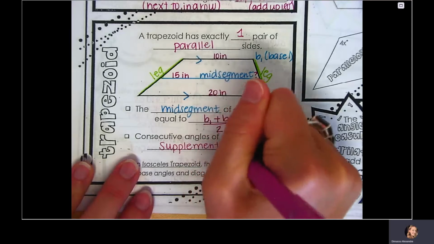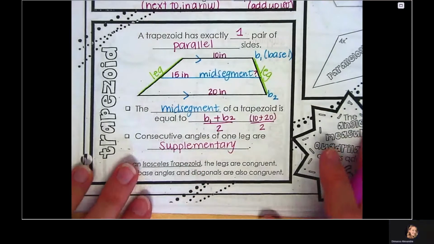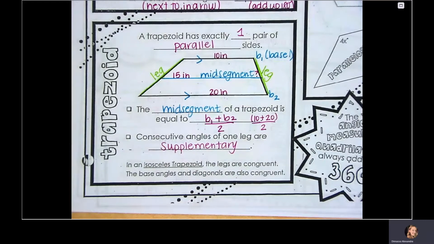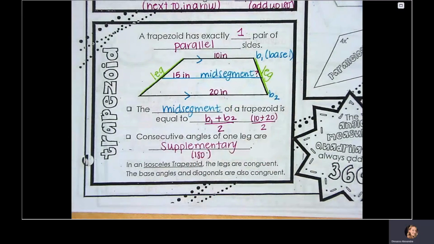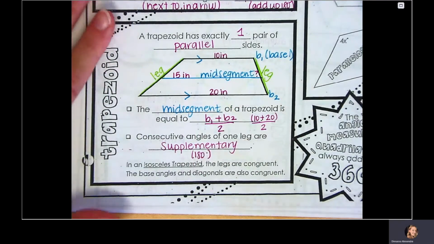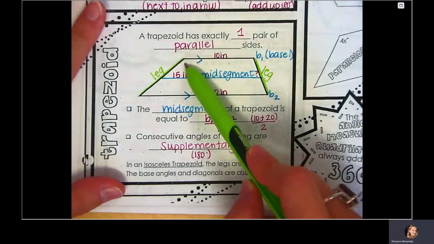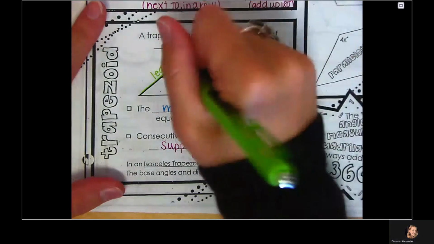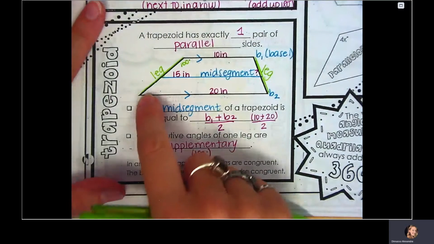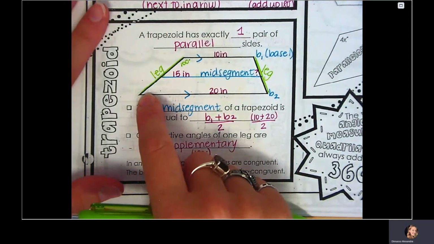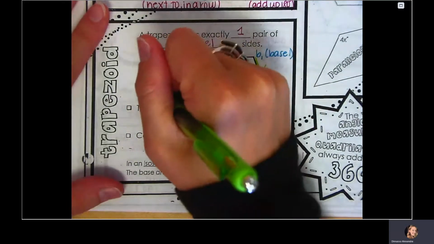And supplementary means what? Adds up to 180 degrees. So what I mean is this. If I were to tell you that this angle up here is 100 degrees, what does that mean this angle down here has to be? 80 degrees. Good.